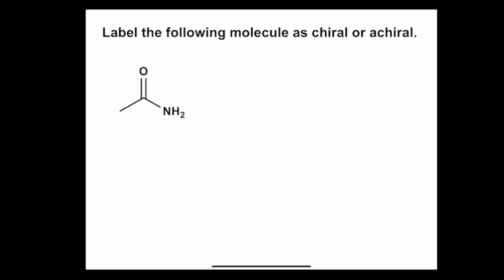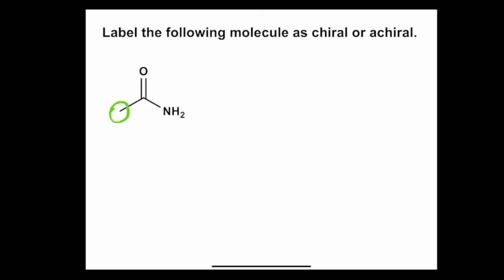What about this? Chiral or achiral? I want more confidence. Why? Oh, well, if you look at it, no asymmetric centers, right? We got a bunch of things we could choose. Nitrogen, not an asymmetric center. Hey, we got a carbon here.